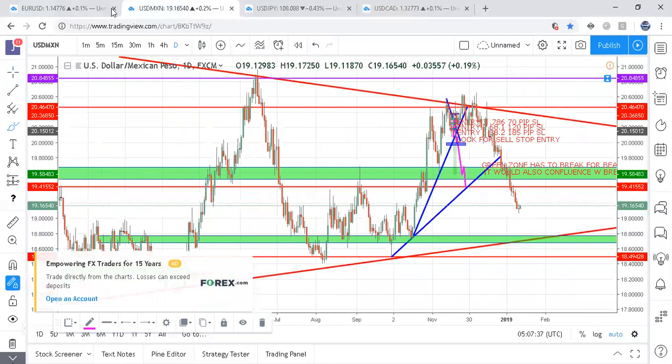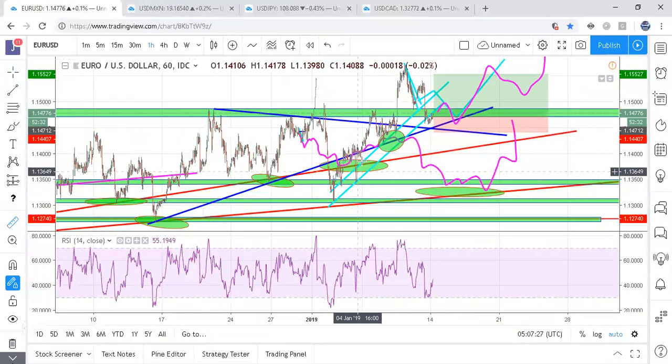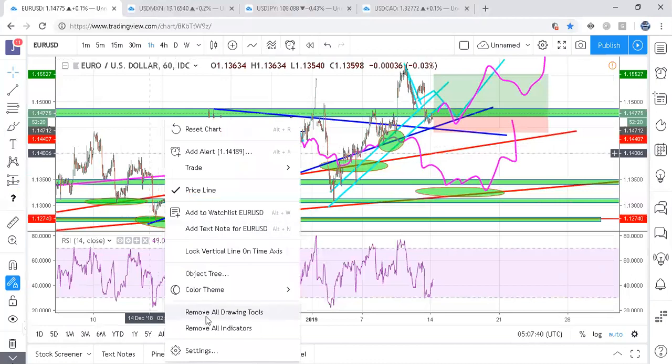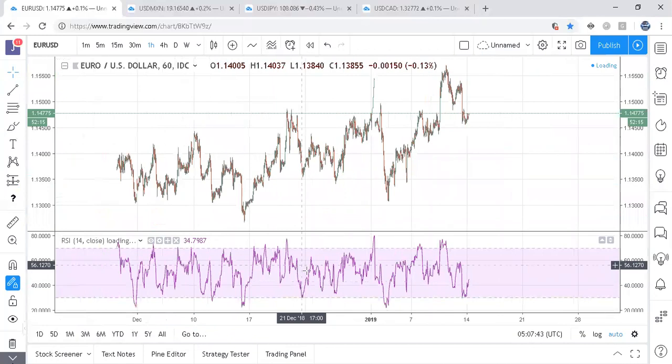Beautiful, beautiful. And EUR/USD. Let me just get all this out of the way. Sorry guys, should have cleared it out before.